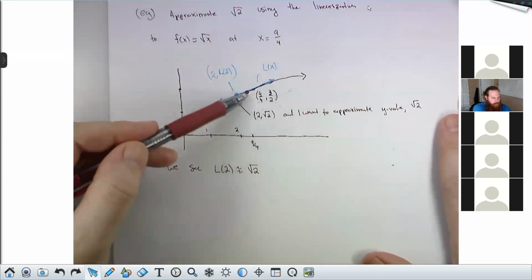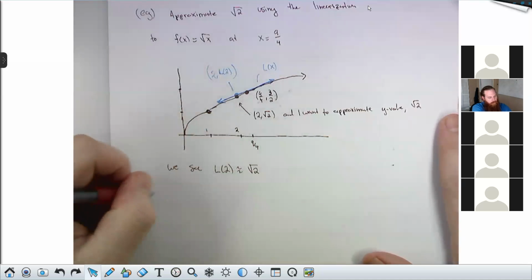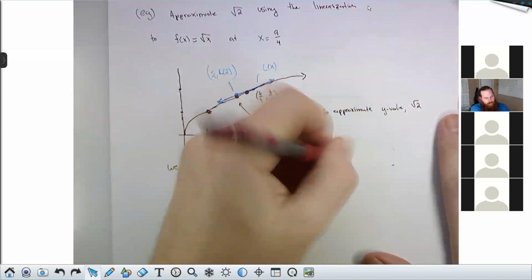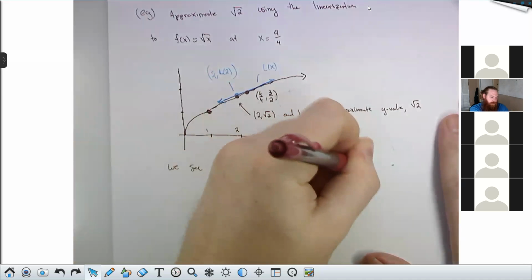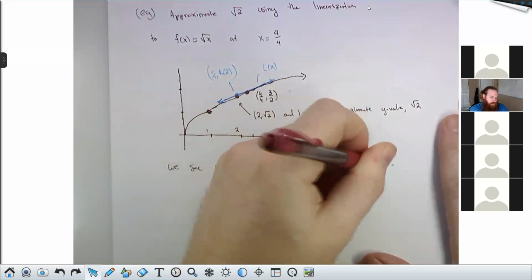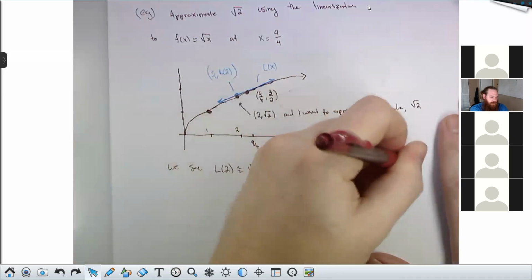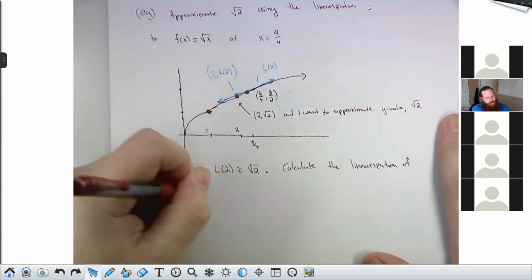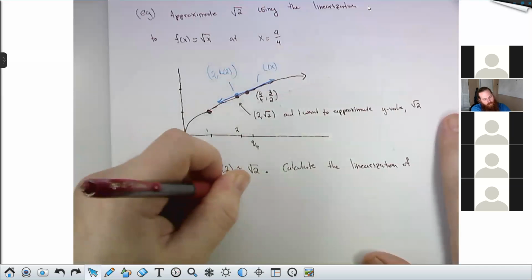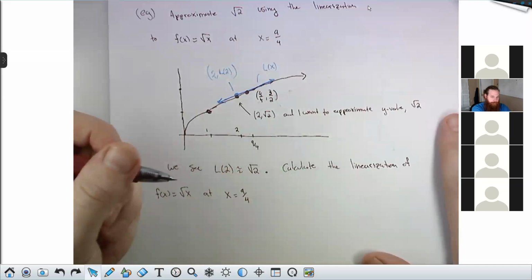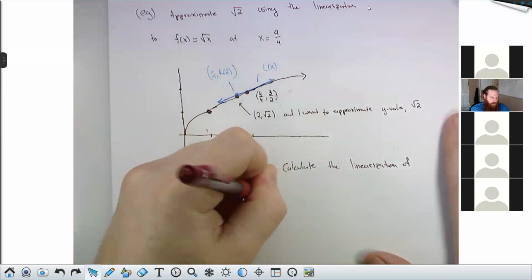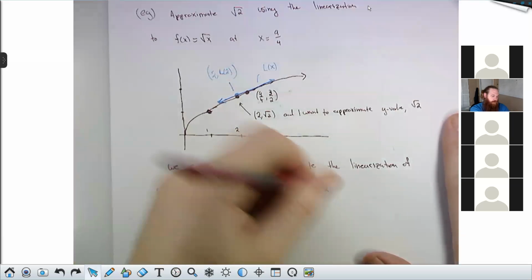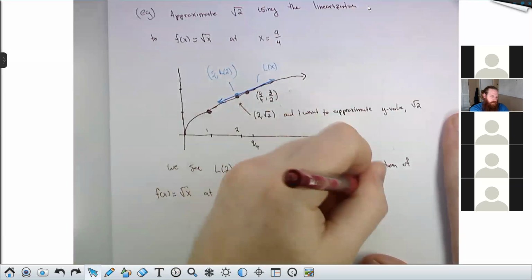Or sorry, at x equals 9/4 here, of f of x equals the square root of x at x equals 9/4. Then plug x equals 2 into that.